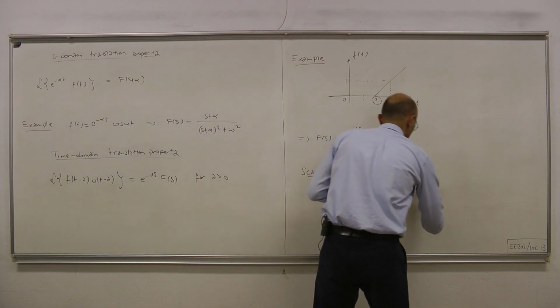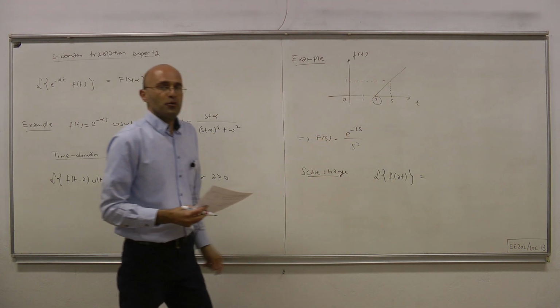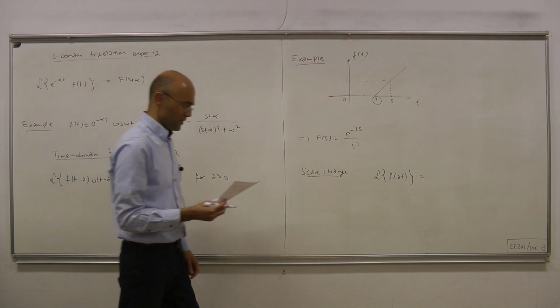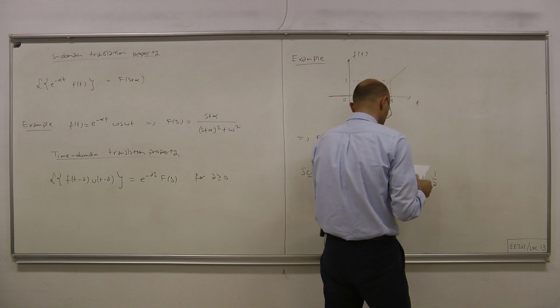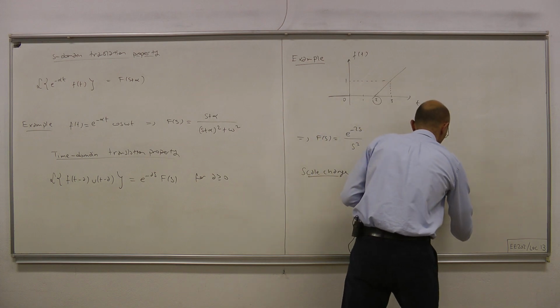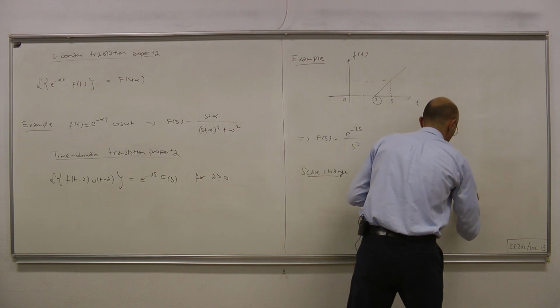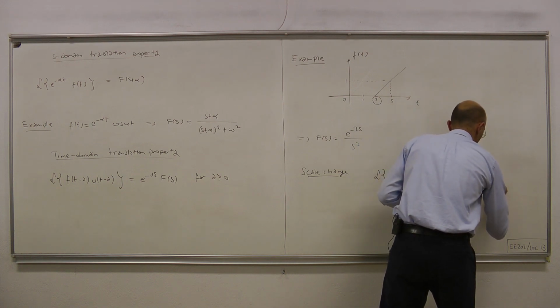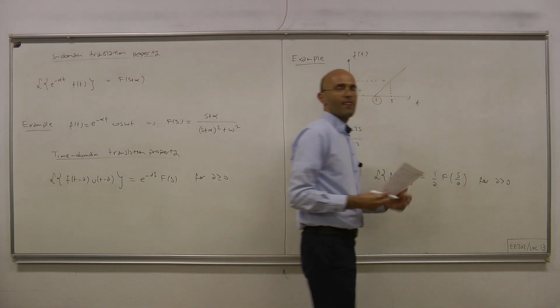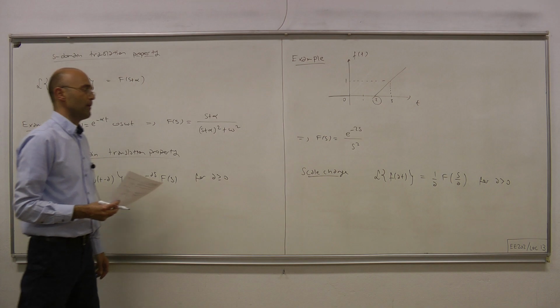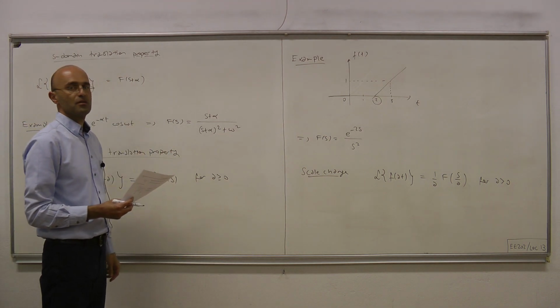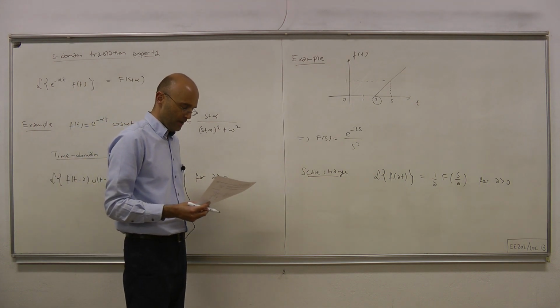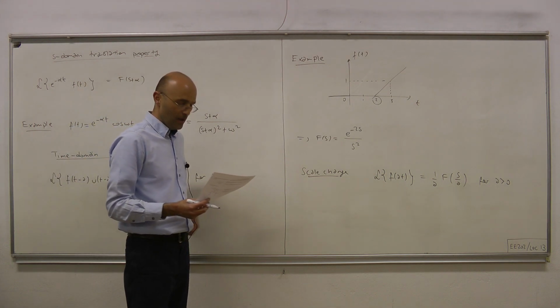That projects onto the s domain in the Laplace domain as follows: 1 over a times F of s over a, for a positive real number. Again, that directly follows from the definition. It's a very easy derivation.